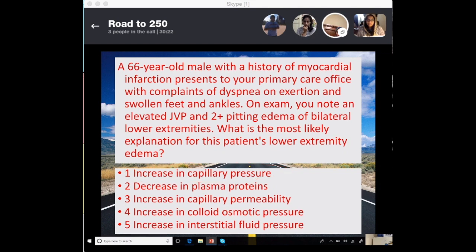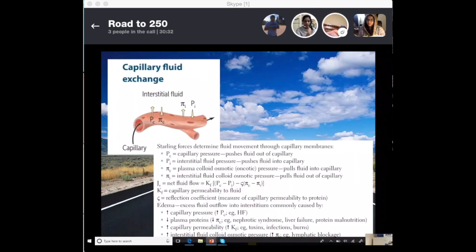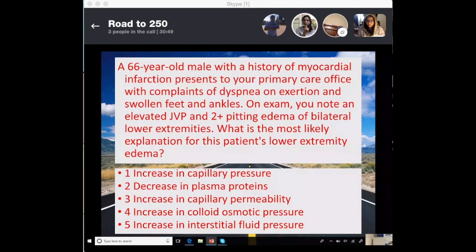So let's go over the other ones. We had a decrease in plasma proteins, like in nephrotic syndrome or cirrhosis. A decrease in plasma protein would cause fluid to go in, not out.